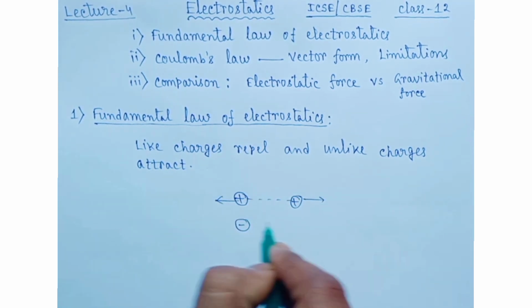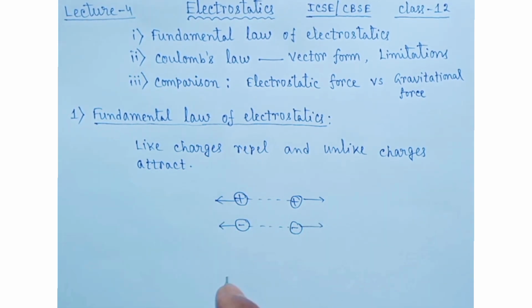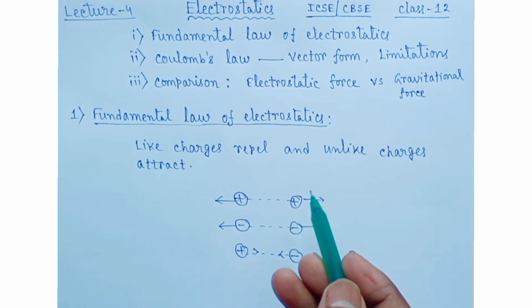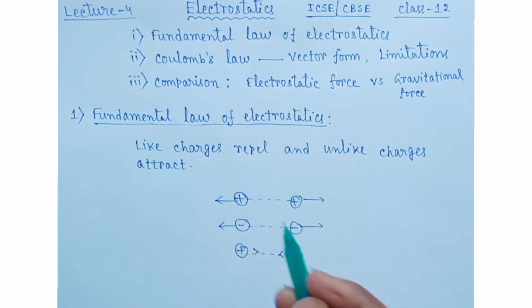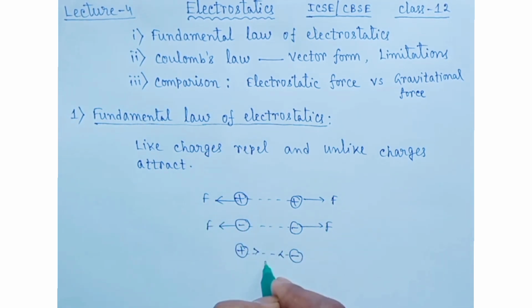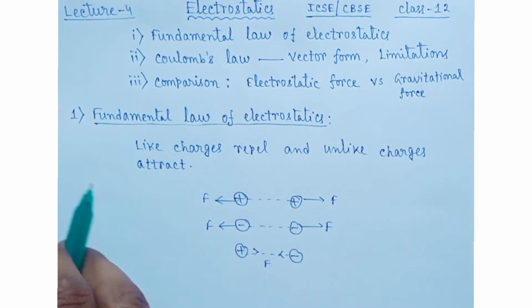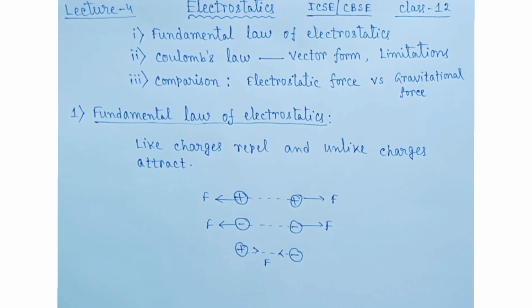If we have two negative charges, then they also repel each other. If we have two unlike charges, that means one positive and one negative, then they will attract each other. So whether they are attracting or repelling, a force is acting between them. This is called the electrostatic force, and the magnitude of this force is given by Coulomb's law of electrostatics. So let's discuss Coulomb's law of electrostatics.